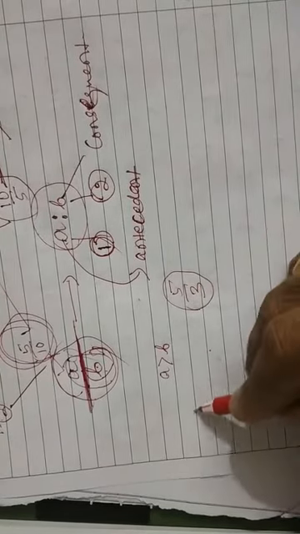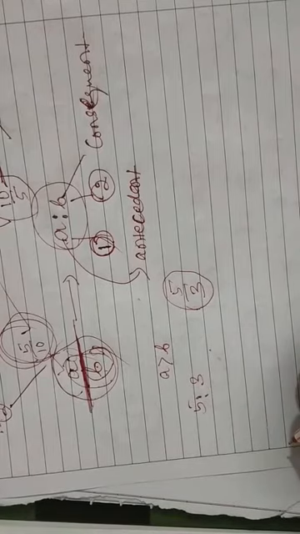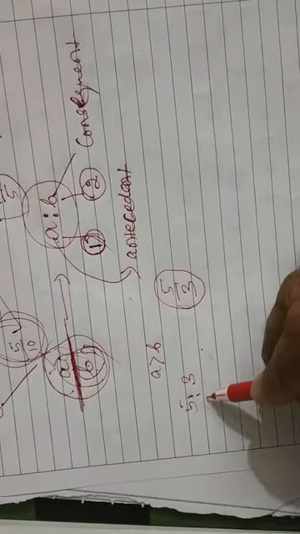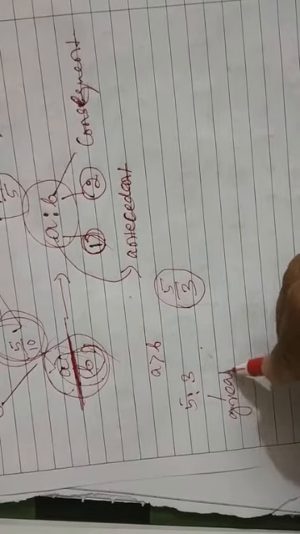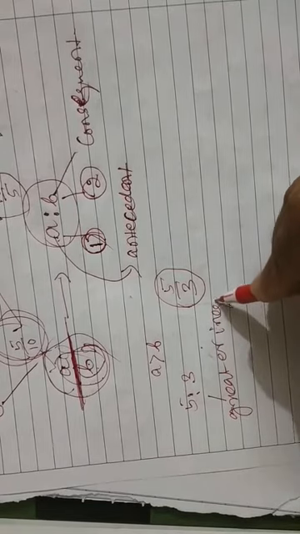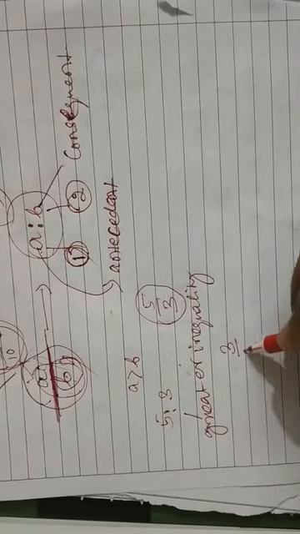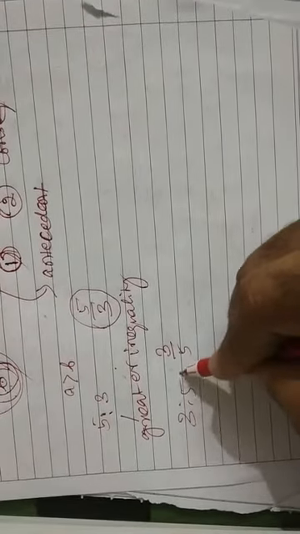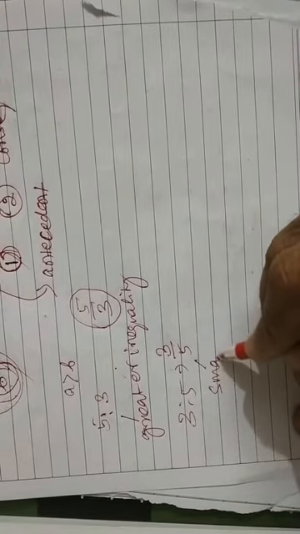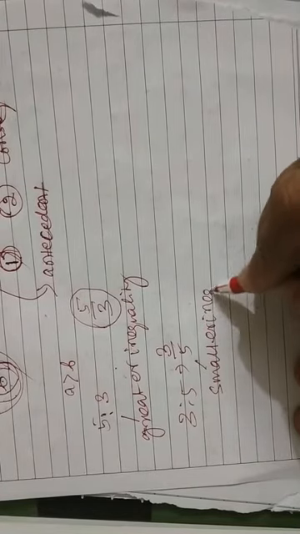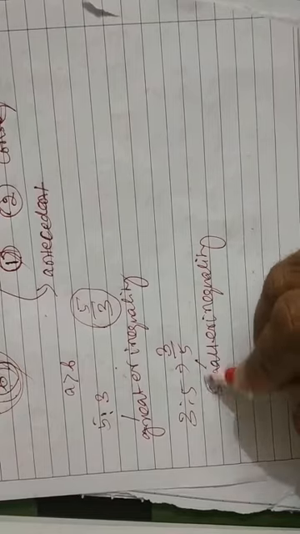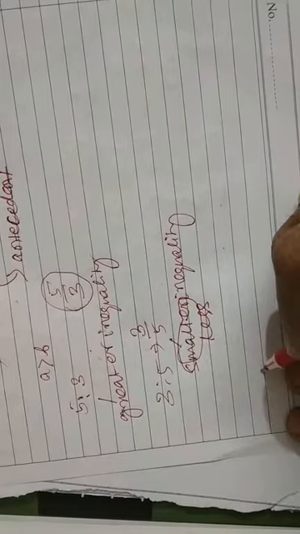Now, if the antecedent is more, that is, if A is greater than B, for example 5/3, this type of ratio 5:3 is called a greater inequality. And if I write 3/5 or 3:5, it is called a smaller inequality, or less inequality.